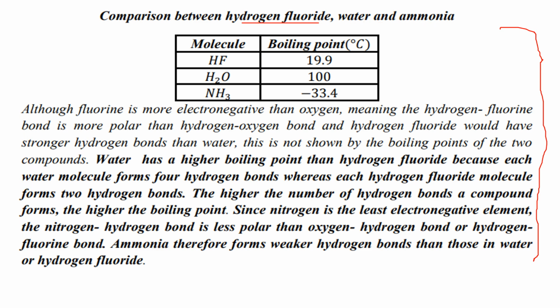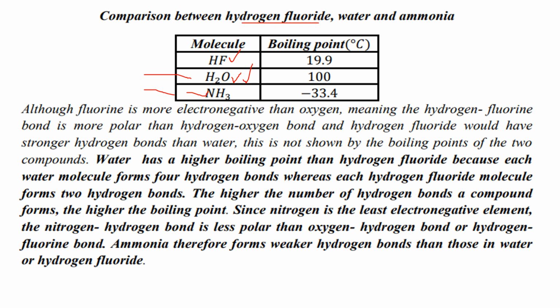Now remember that when I was dealing with inorganic chemistry, I told you that the only 3 atoms in the periodic table that form hydrogen bonds is fluorine, oxygen, and nitrogen. When fluorine, oxygen, or nitrogen combine with a hydrogen atom, they form what we call hydrogen bonds. So the number of hydrogen bonds present in each of the compounds determines its boiling point.